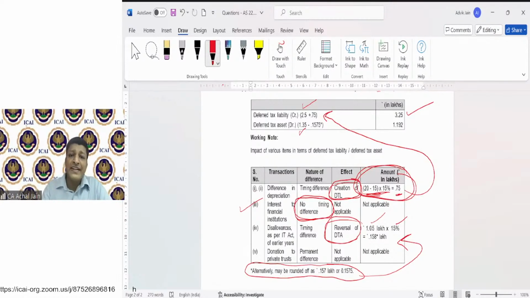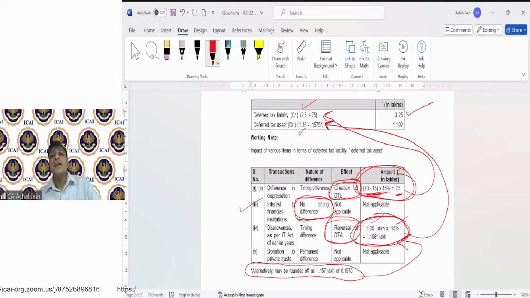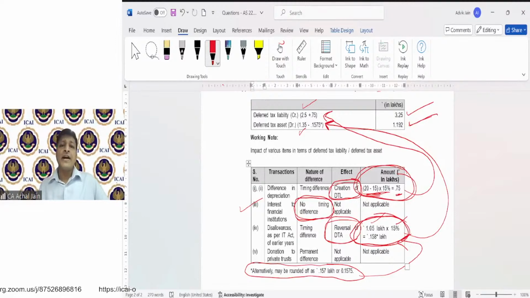And on the DTA, there is a reversal of DTA amounting to 15,750, which you will adjust here. So what is the balance of DTA that you will have at the year end? 1.192. All right. So this is how you are required to solve this.